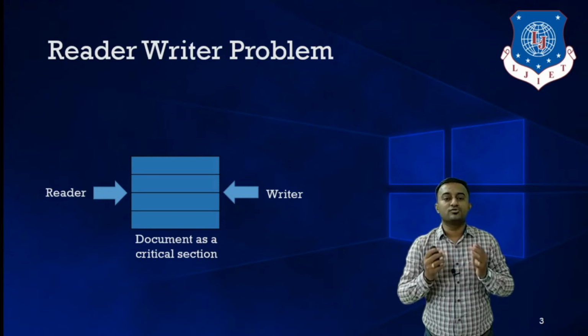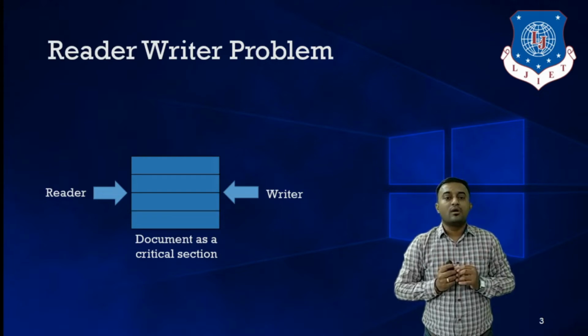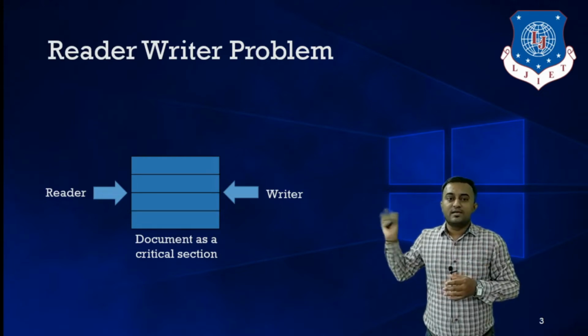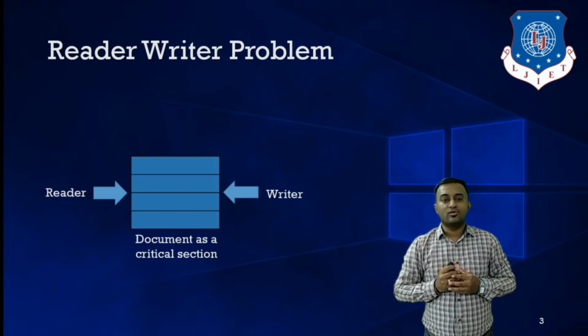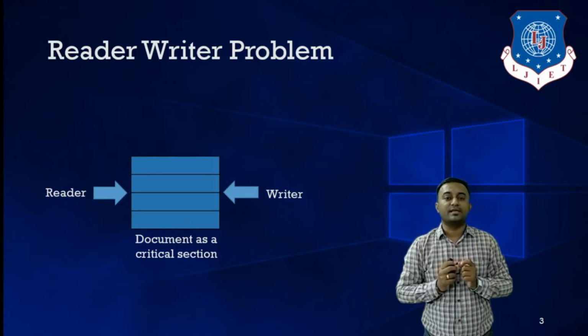When you are using private resources, synchronization is not required. So let us consider this document as a critical section, and these shared documents are used simultaneously by two processes. One is the reader process and the second one is the writer process.